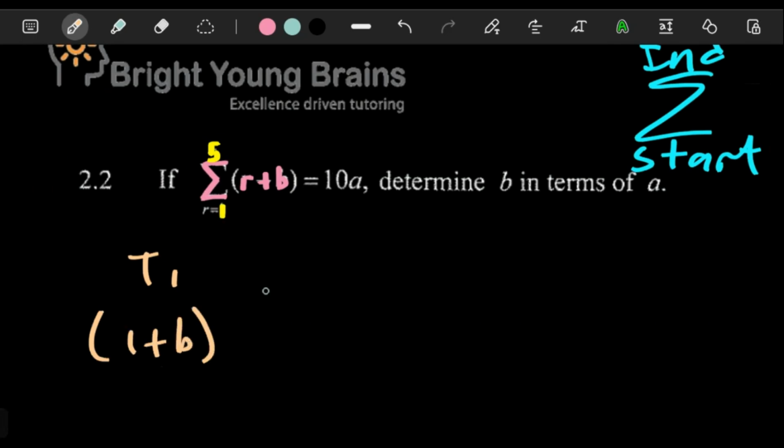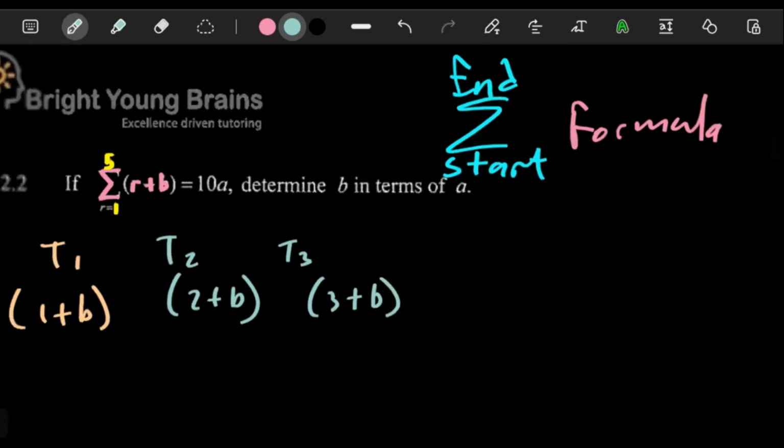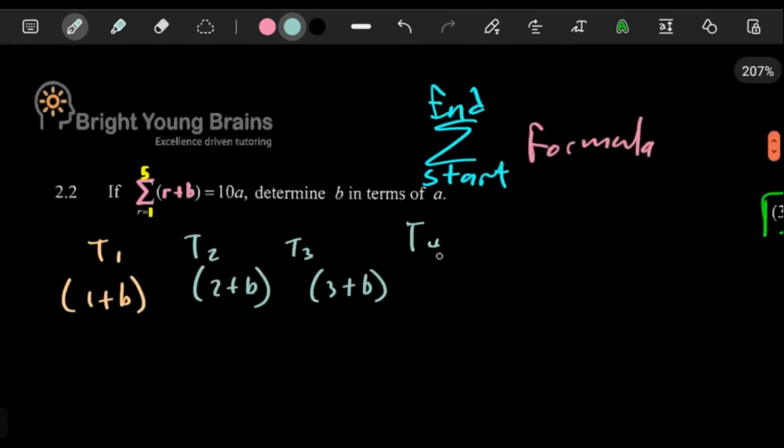For the second term, you throw in 2, so you have 2 plus b. The third one is 3 plus b, going on and on. The fourth one is 4 plus b. The fifth one is 5 plus b.